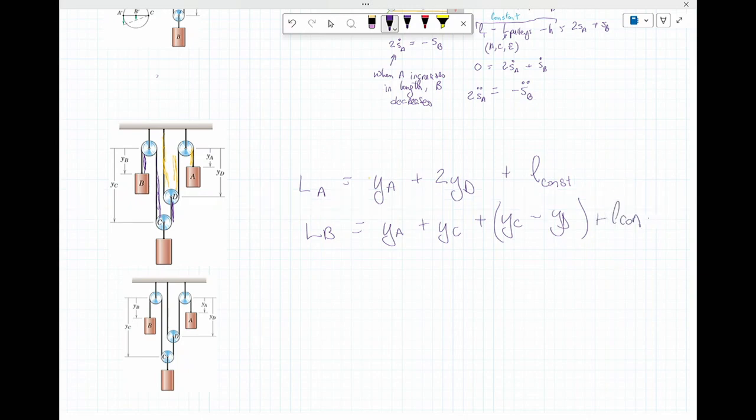You end up with these kinds of relationships. So if you look first of all at pulley A, you can take the cord that wraps around pulley A, and you can say it has a length y sub A, which is the first part.